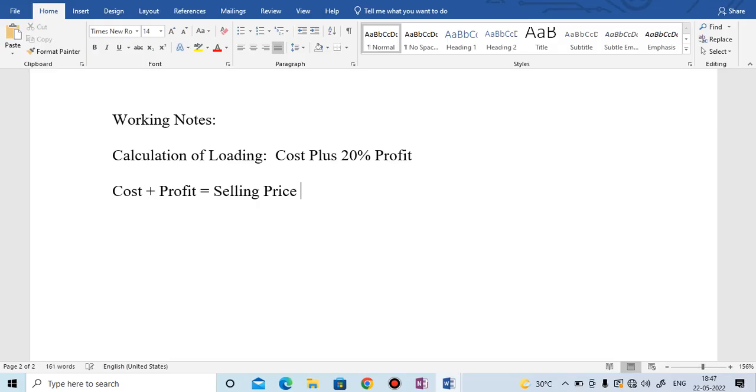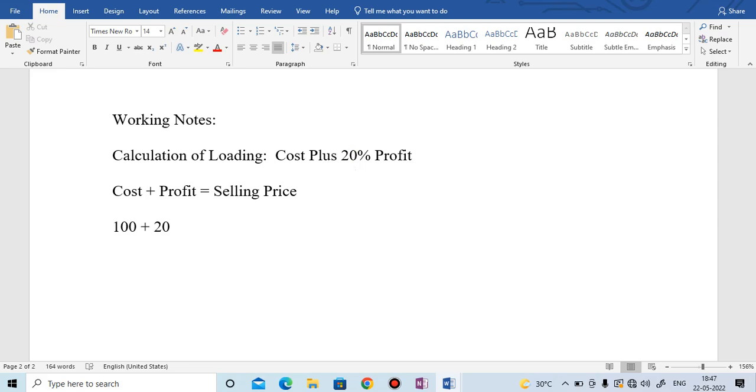So to calculate loading of cost plus 20% profit, the formula is cost plus profit equals selling price. Now assume that cost is 100 rupees, plus profit. Profit is 20%, so 20 rupees.